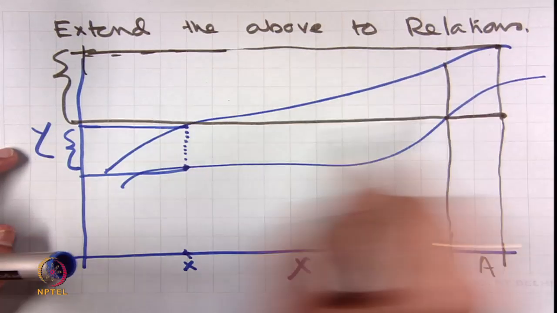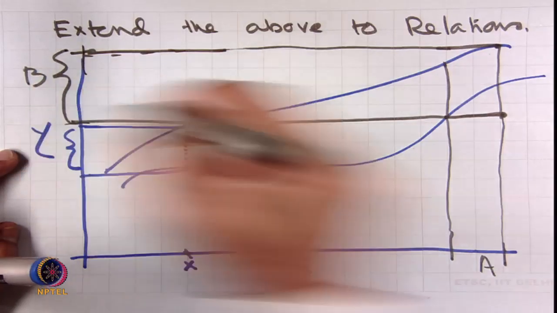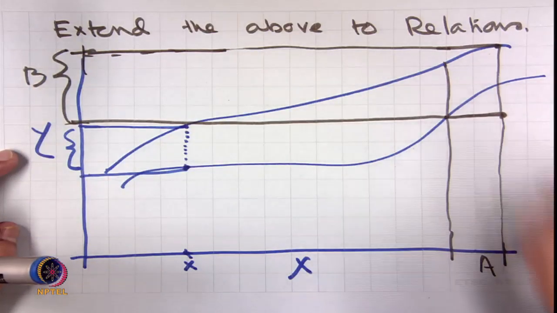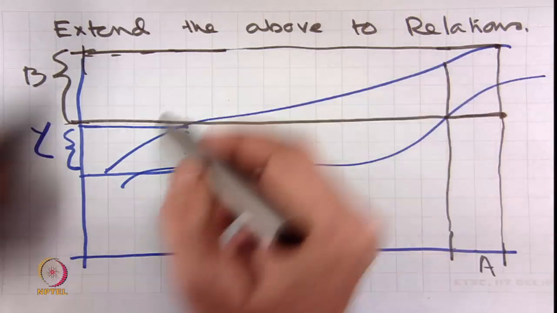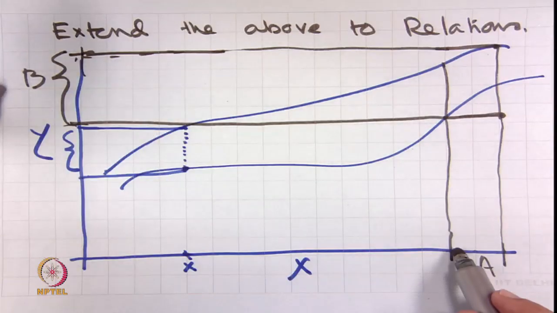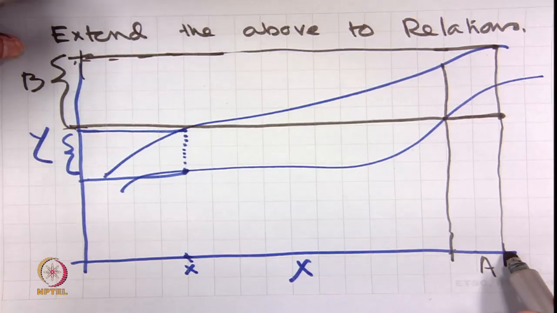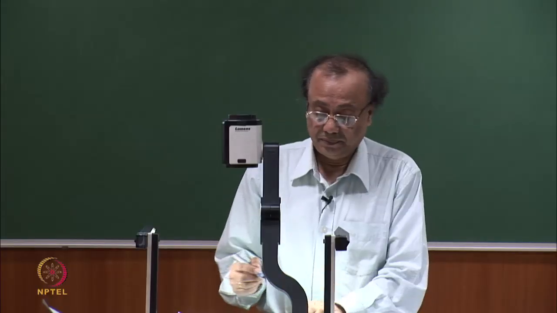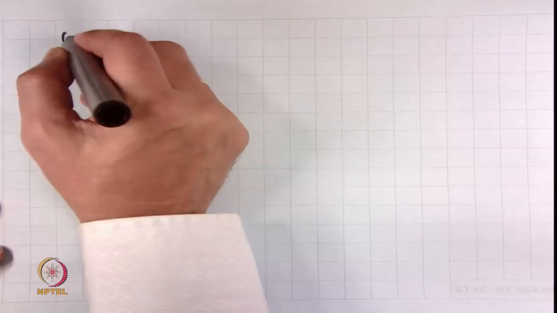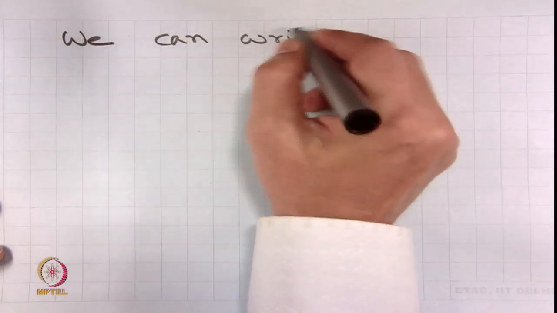It does not mean that all y values in the interval B are associated with all values of x in the interval A, but we know that any y belonging to this interval B is associated with at least one x in this set A. Therefore, we can write the following.